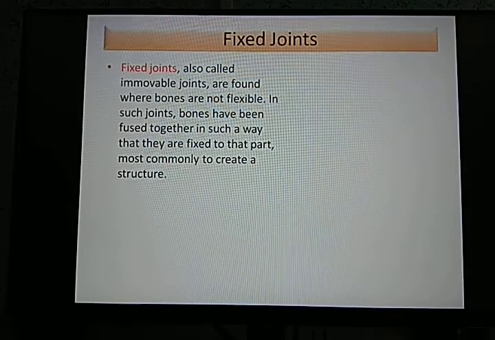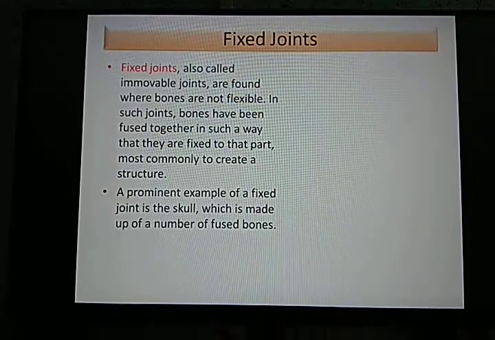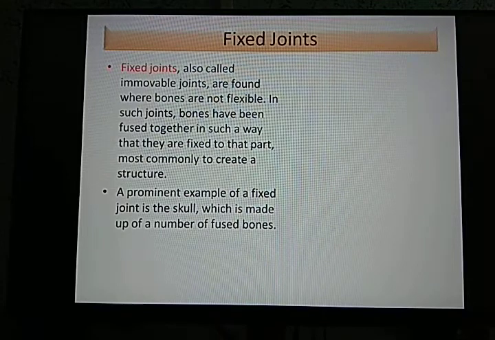Say for example, the skull joints, the bones that are present in our skulls, can we move them? No. Although there are joints in the skull, the bones are fused together, means they are connected together in such a way that they hardly ever move. That means they are immovable, although there are joints.